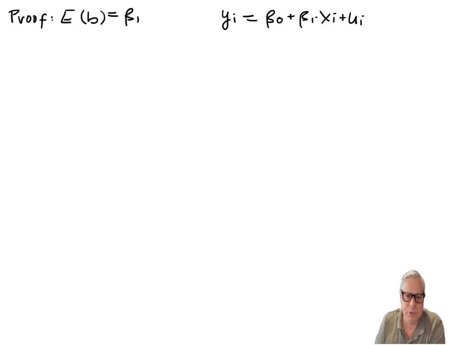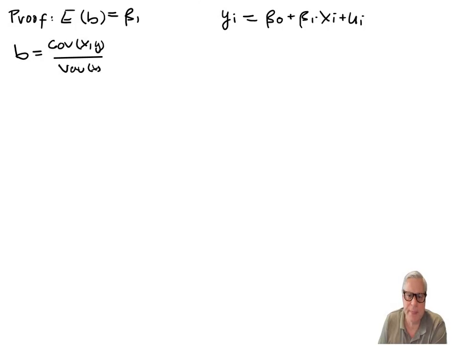If you remember, the slope coefficient was given by B equals the covariance of x and y over the variance of x. We can write the covariance of x and y like this: xi minus x bar. This doesn't look too nice.